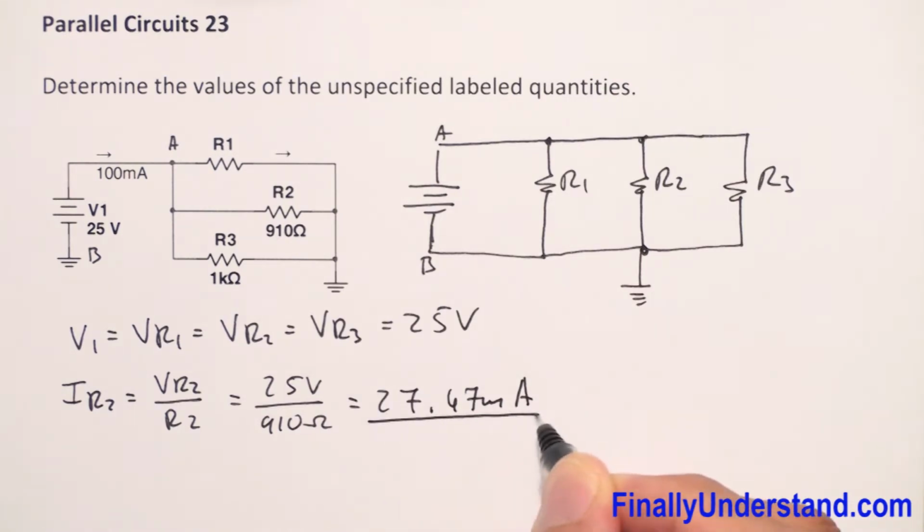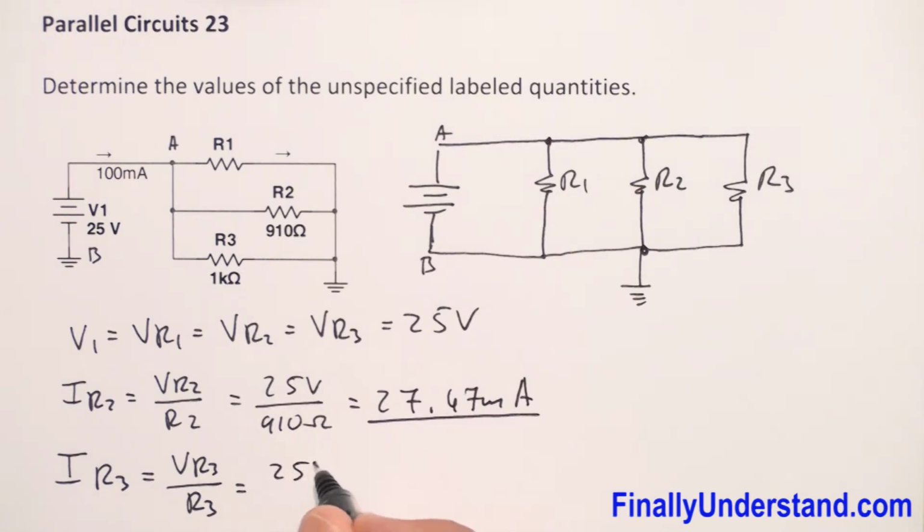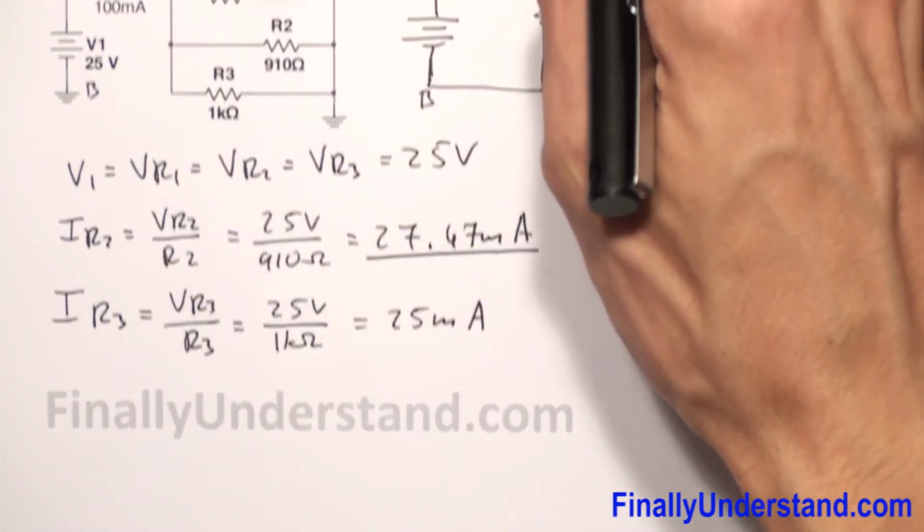And IR3 is equal to VR3 over R3. So I have 25 volts over 1 kilo ohm, which is equal to 25 milliamps.